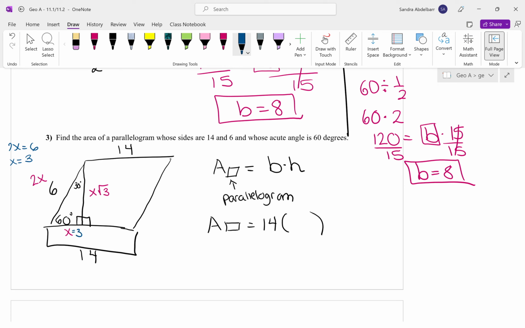So that means this side is 3. And what is my altitude? 3 root 3. So the area of this parallelogram is 14 times 3 root 3, which is going to be 42 root 3 units squared.